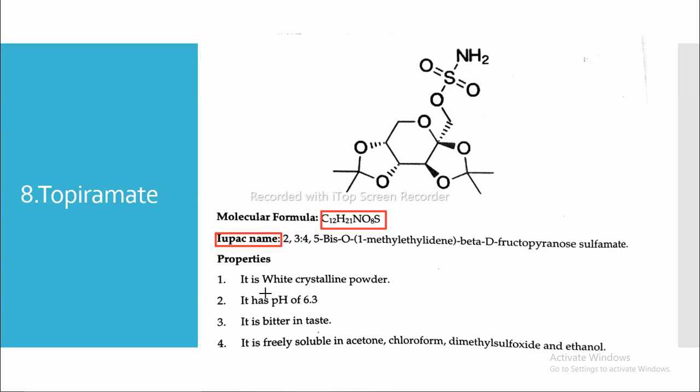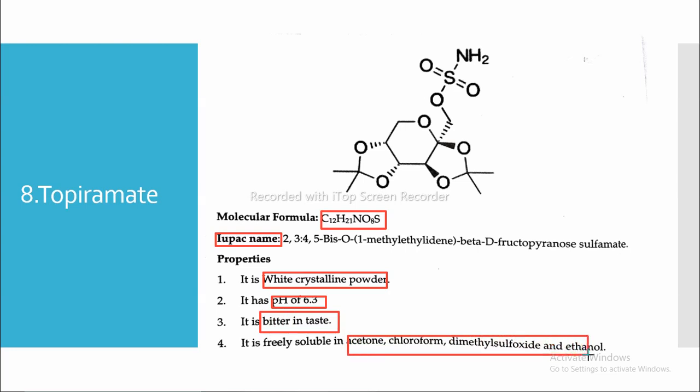So this is the IUPAC of Topiramate. Next we have the properties. It is a white crystalline powder. It has a pH of 6.3. It has a bitter taste. Freely soluble in acetone, chloroform, dimethyl sulfoxide and ethanol.